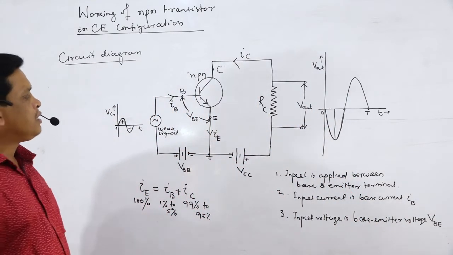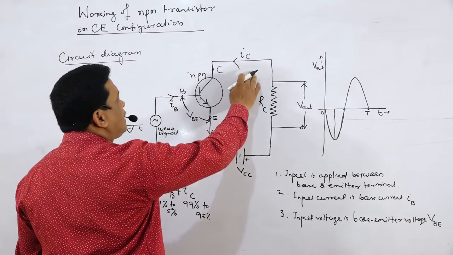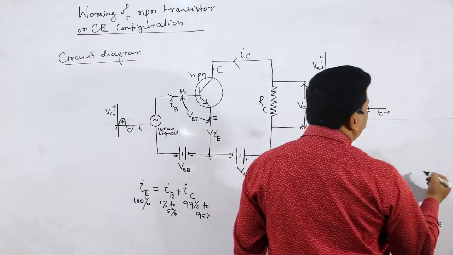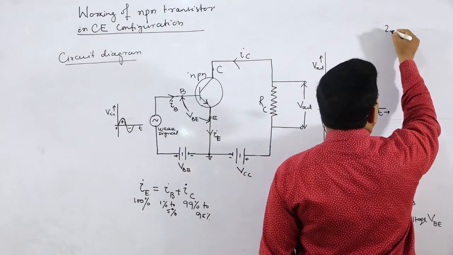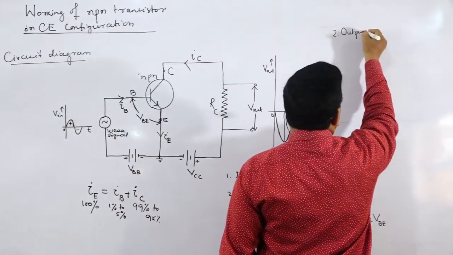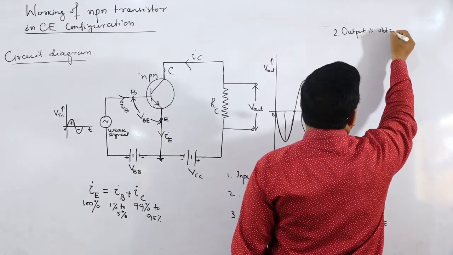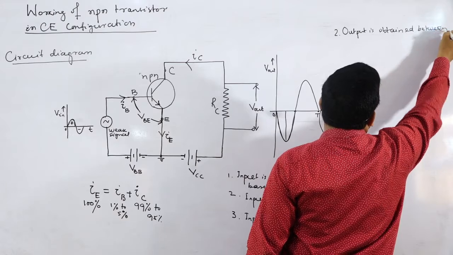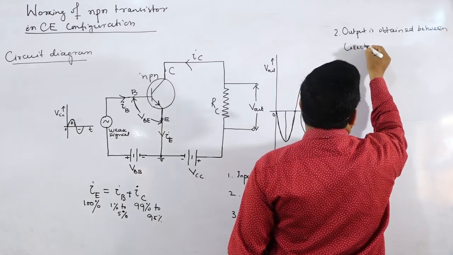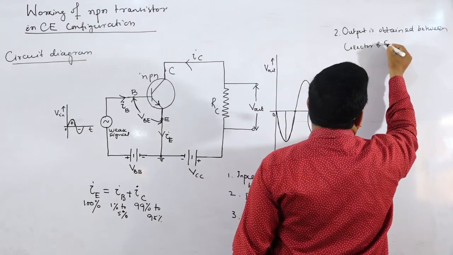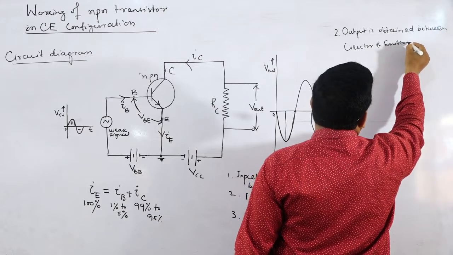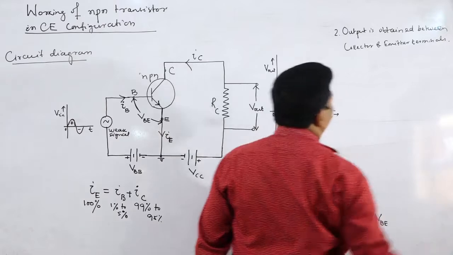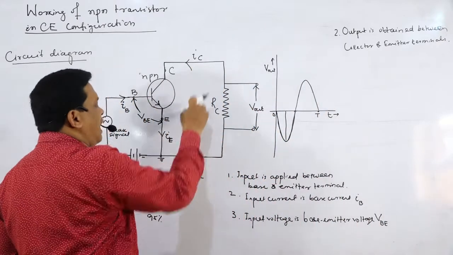Now let us see the output side. The output is obtained between collector and emitter terminal. So we are obtaining output between collector and emitter.